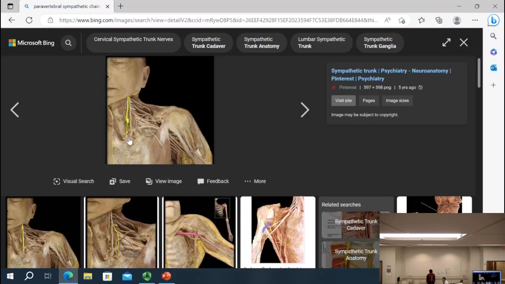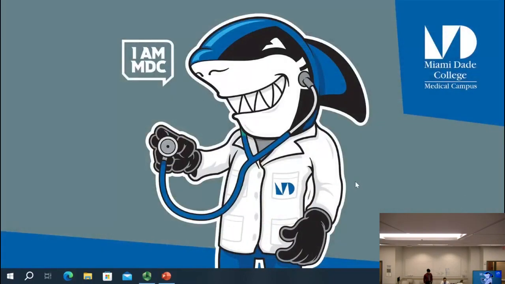What is the action of the sympathetic nervous system on the glucose levels? What does it do in the liver? So sympathetic increases blood sugar level.